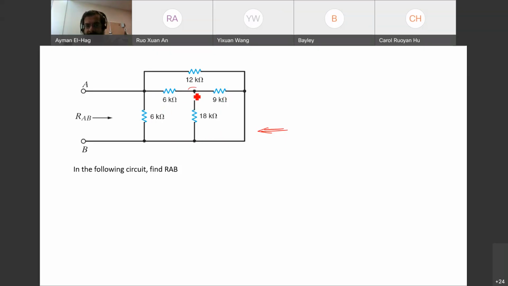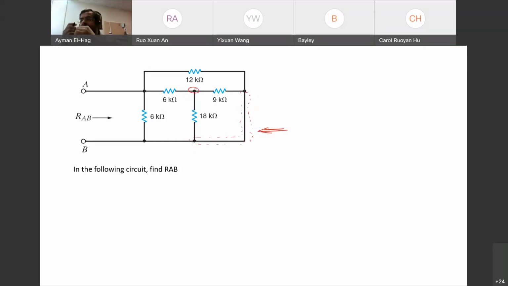They have this node, and with all of this, basically it's just one node. All of this, just one node. So it is extremely important, when you work on this, to redraw the circuit.